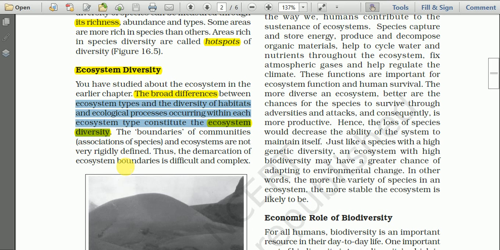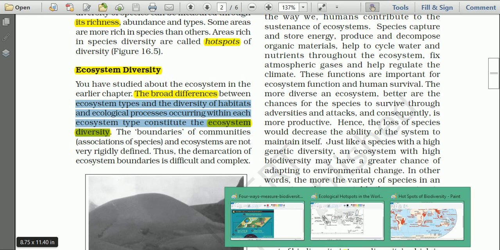Habitat means the home of these organisms, and ecological processes occurring within each ecosystem type constitute the ecosystem diversity.